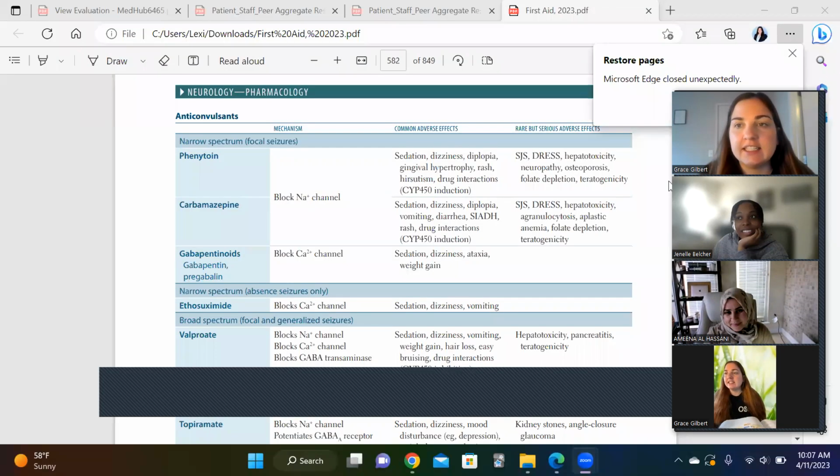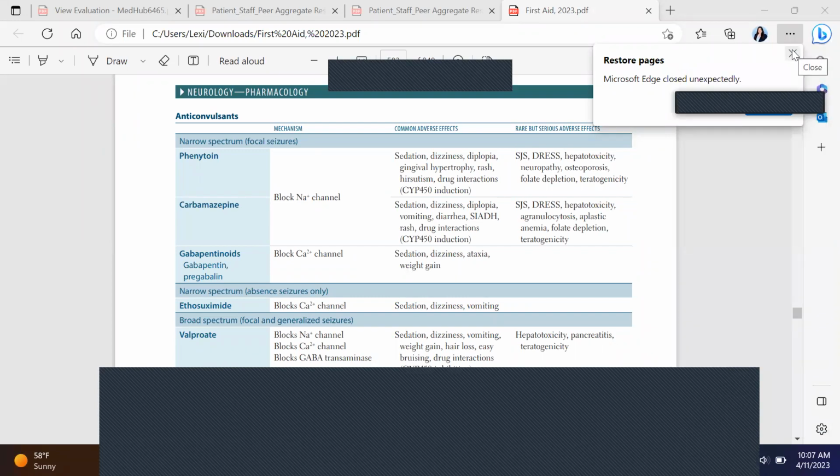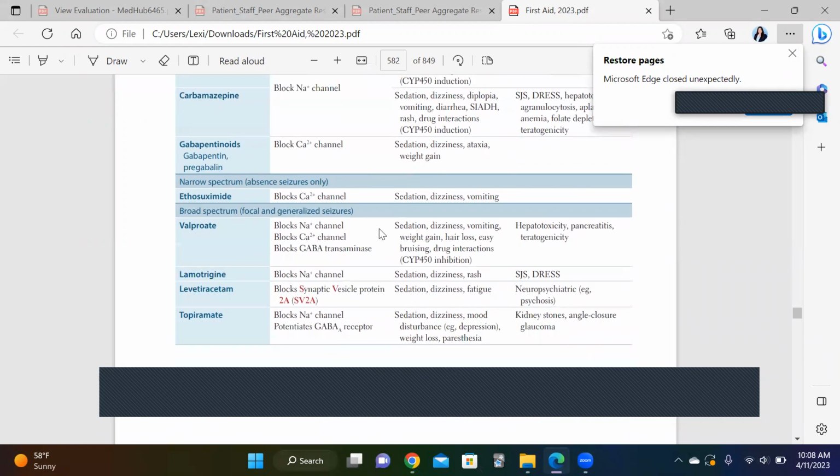Okay, so I'm going to share my screen, and the first thing we're going to do is go through First Aid. Not because it's necessarily the best way to learn the pharm, but because I feel like it is a good consolidation piece. The first thing we have here is the anticonvulsants.